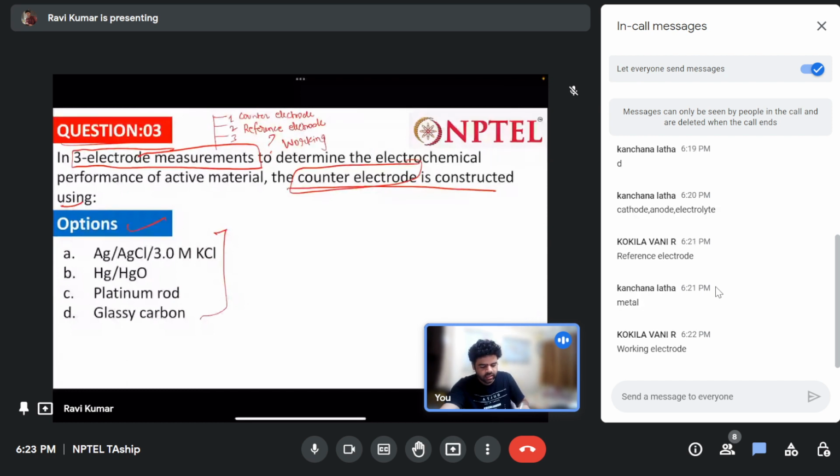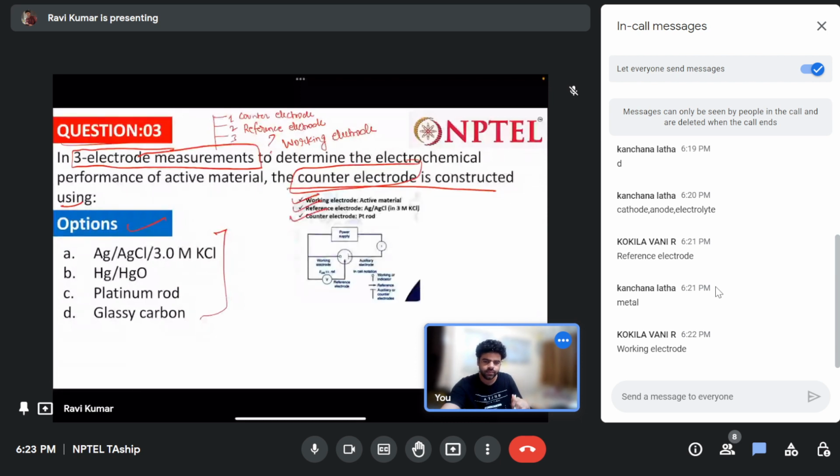So these are the three electrodes: working electrode, reference electrode, and counter electrode. The working electrode is made of active material, the reference electrode is made of Ag/AgCl, and the counter electrode is made of platinum rod. Great. So the answer here will be the platinum electrode. Yes, answer C is correct.